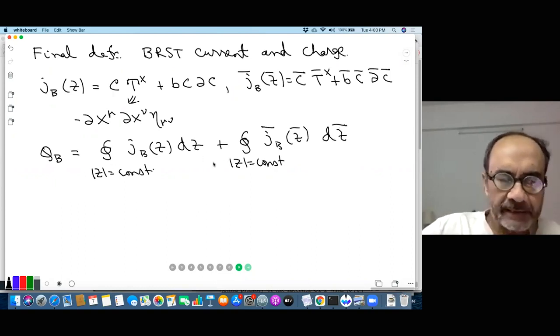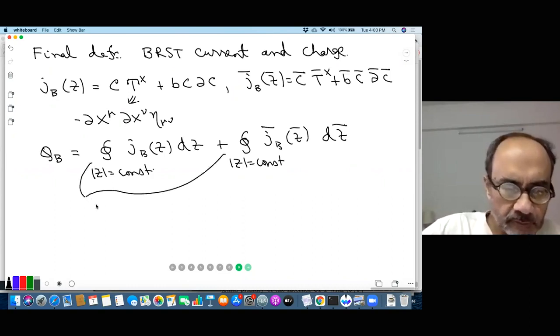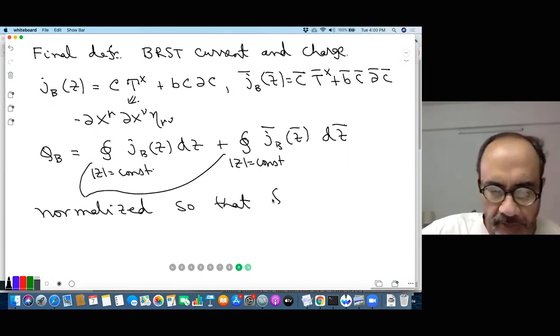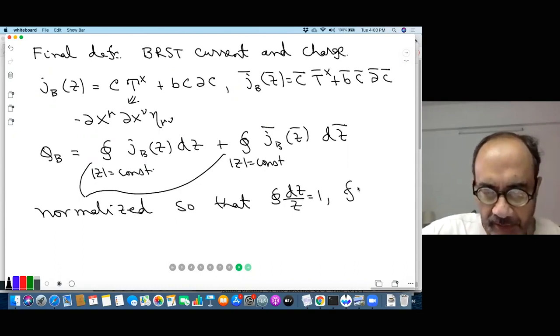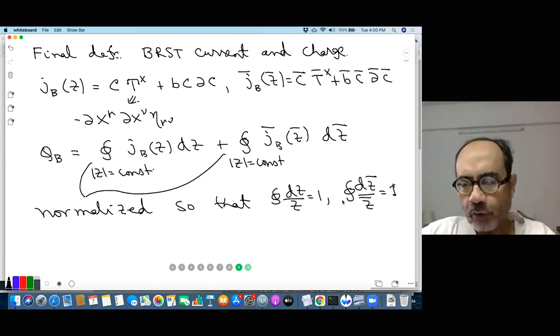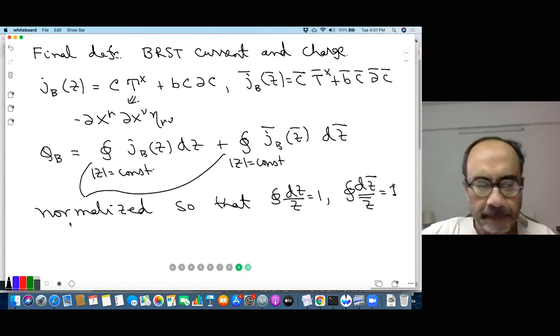And these contour integrals are normalized so that the integral of dz by z equals 1 and the integral of dz bar by z bar is 1, which means that you have included appropriate 1 over 2 pi i and minus 1 over 2 pi i factors in the definitions of these contour integrals. So that's the definition of Q_B.